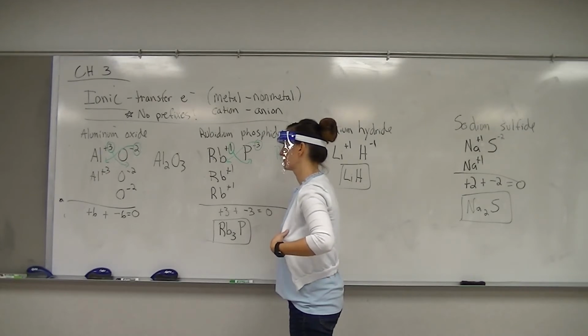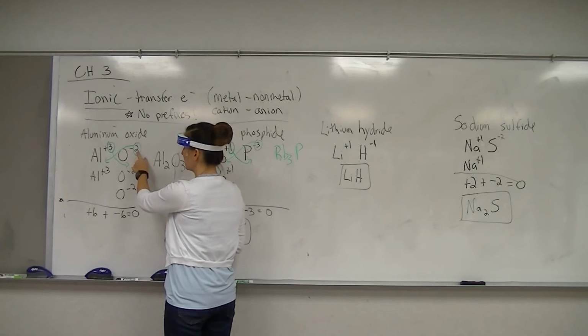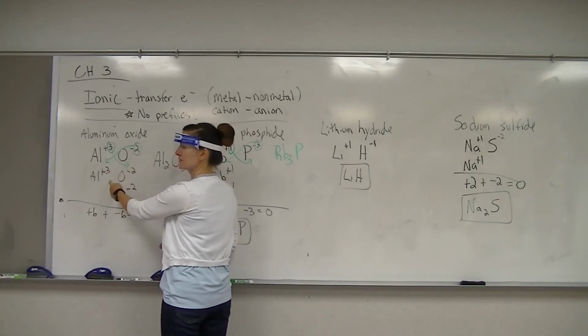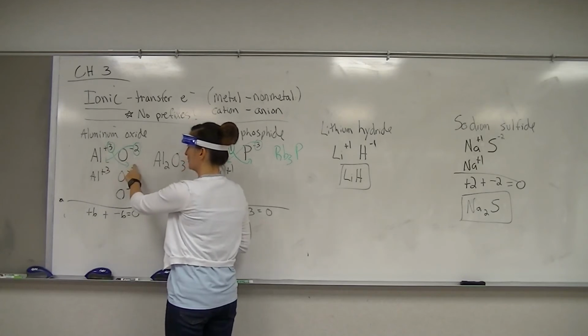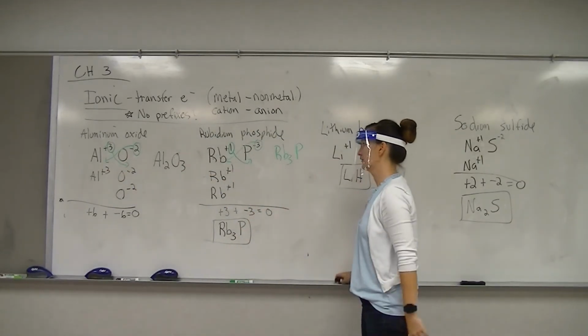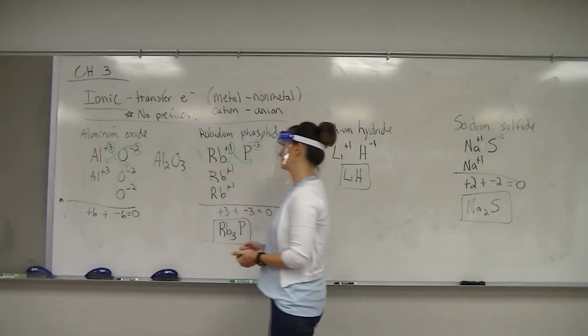Like crossing. For the crisscross? Yeah, the numbers here are saying you need 2 aluminums for a total of +6, and then 3 oxygens for a total of -6. Is that what you're talking about, multiplying the charges? Yeah. So you can still figure out that it's neutral using the crisscross method too.